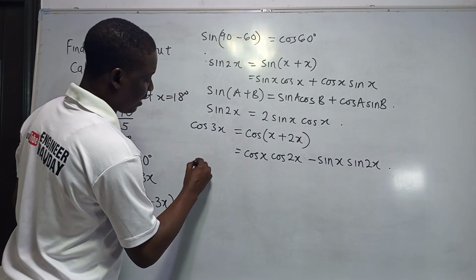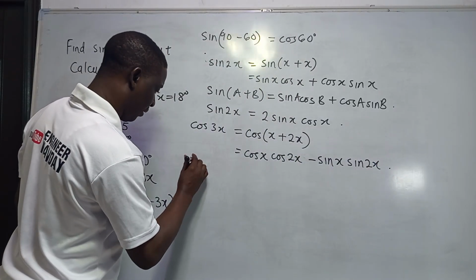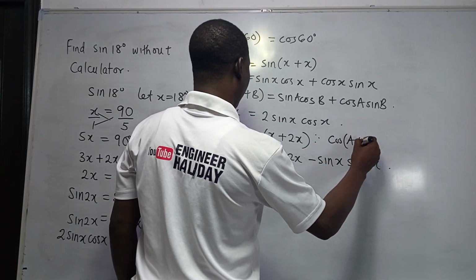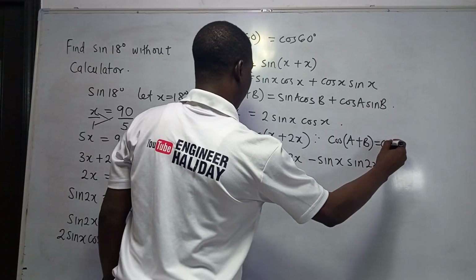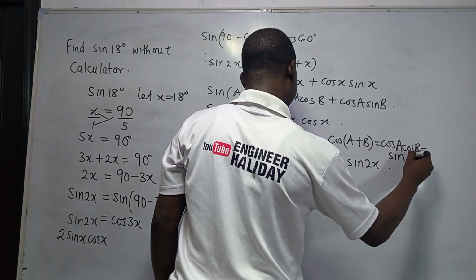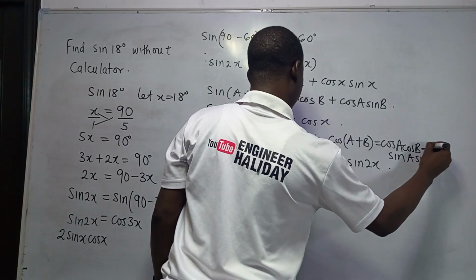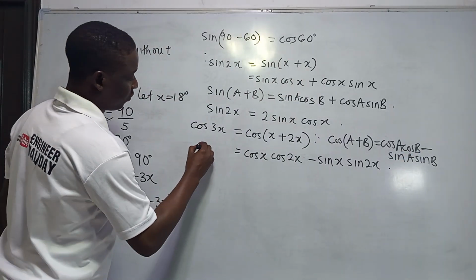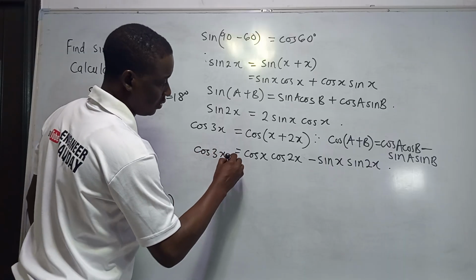Meaning that, if you don't remember, cos of A plus B is simply cos A cos B minus sine A sine B. That's what we use here to break that one down. So this is cos 3x now.